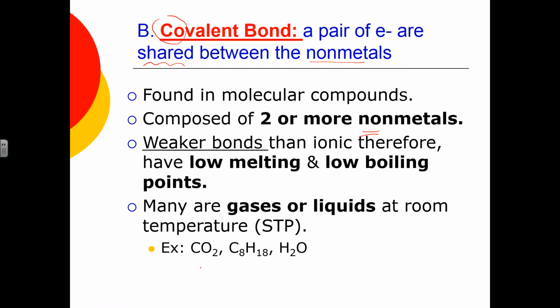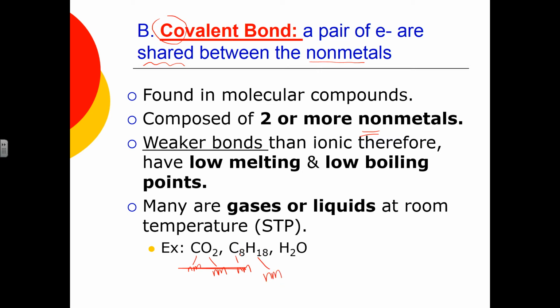Some examples of compounds that contain covalent bonds, or molecular compounds, are carbon dioxide. Notice carbon is a nonmetal and the oxygens are also nonmetals. Again, carbon is a nonmetal here in C8H18 and hydrogen is a nonmetal.